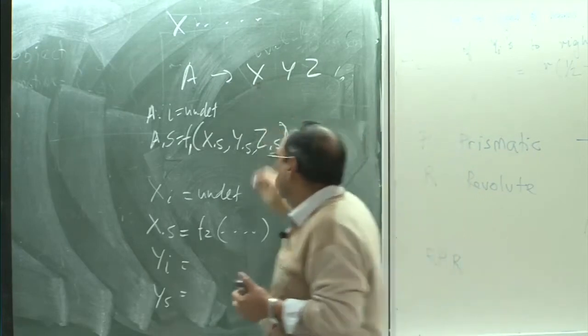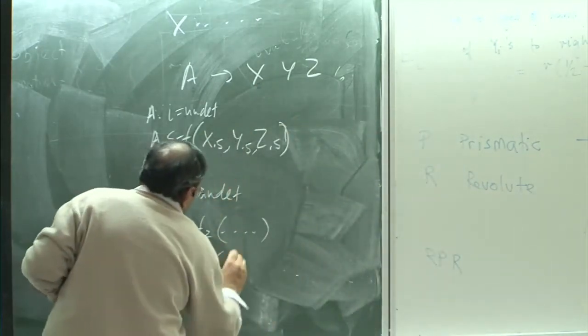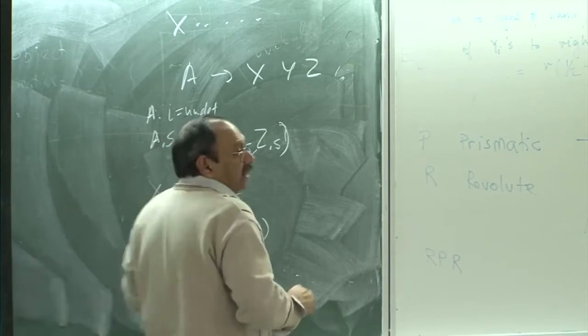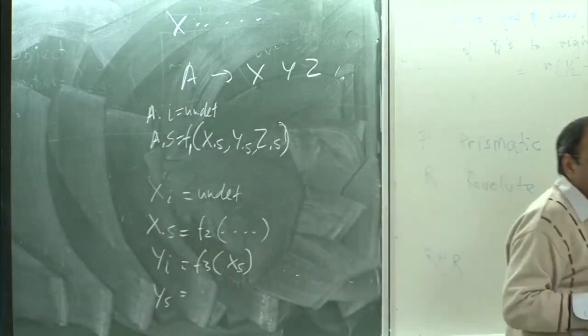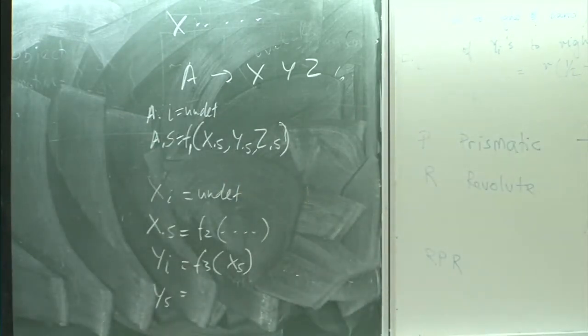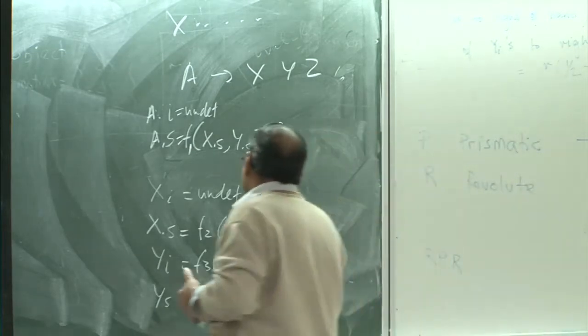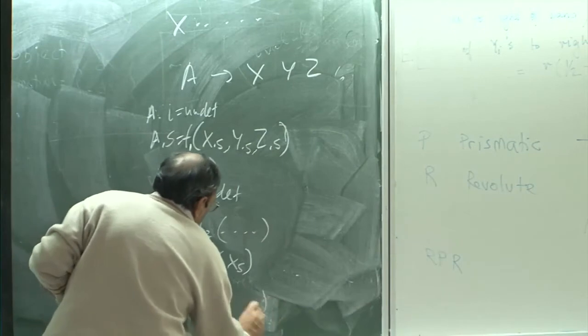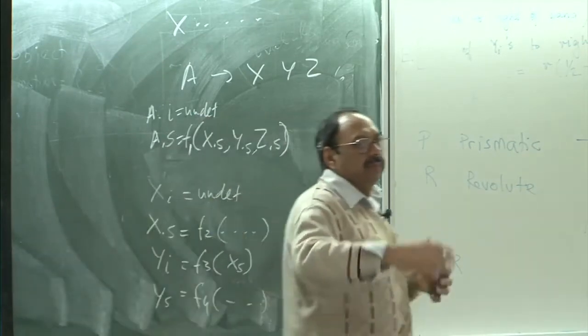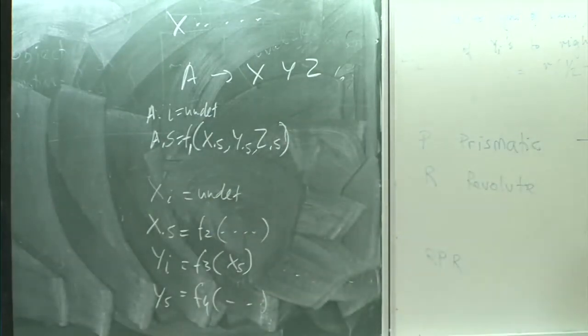So, it can only be a function of x synthesized, can't be anything else. What about y synthesized? Y synthesized is some function of its symbols which will occur in the rule corresponding to y, where y occurs on the left hand side and symbols on the right hand side. Similarly, I can argue about z inherited.